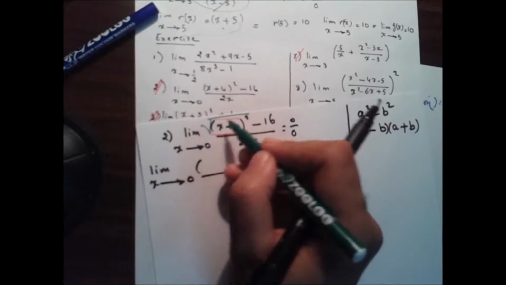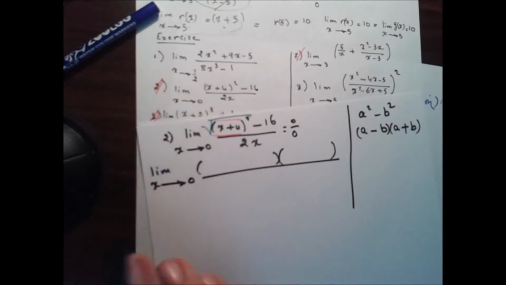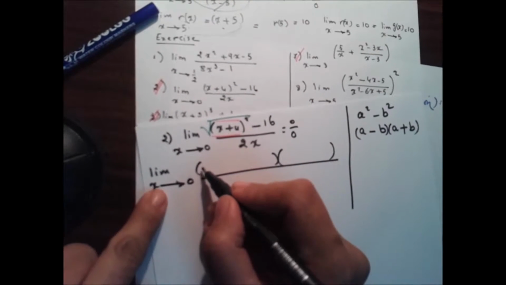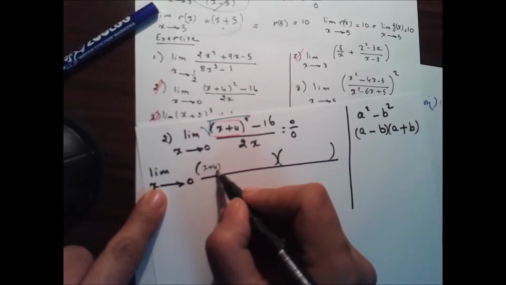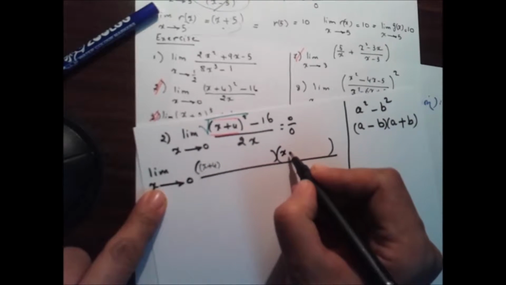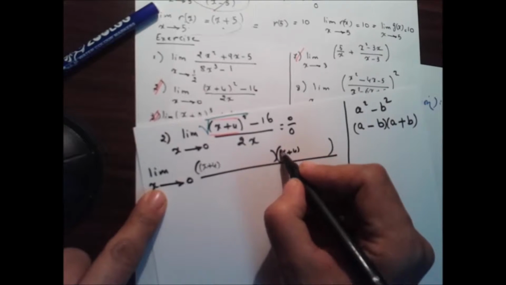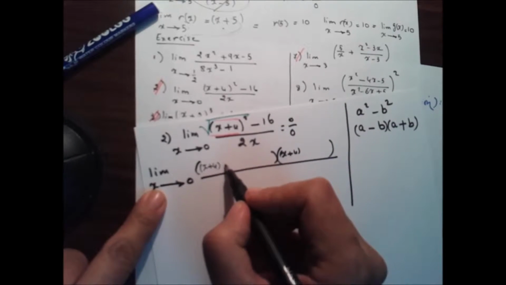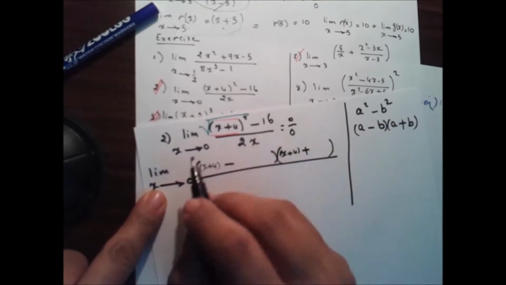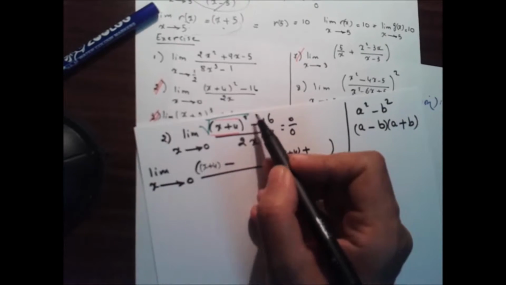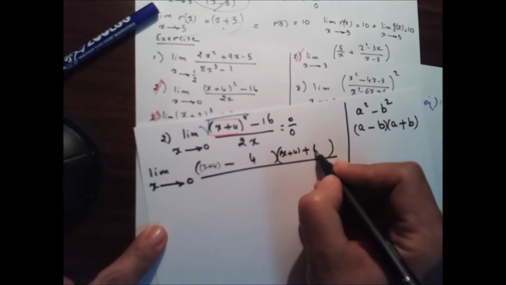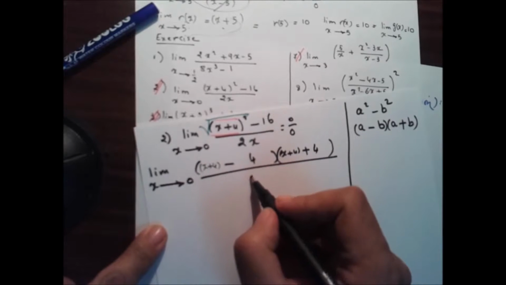The square root cancels the square power, so we have x plus 4, keep it within brackets, and we have a negative sign here and a positive sign here, and then square root of 16 to be 4, and finally down we have 2x.